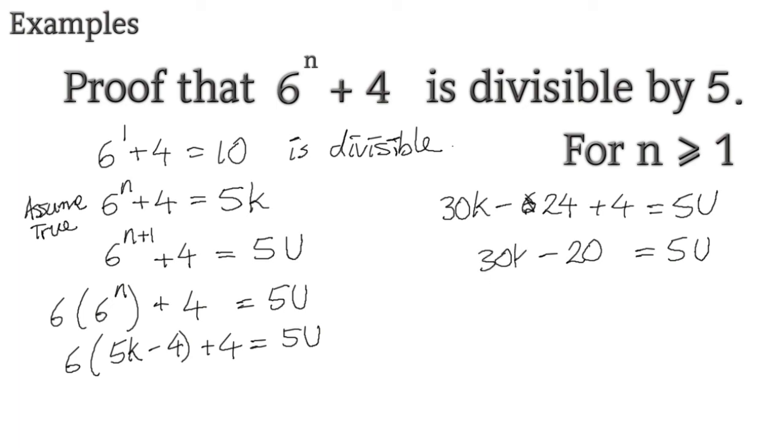And from that, we can definitely factorize out a 5 to get 6k take 4 equals 5u. And thus, we have shown that it works for n plus 1 if n is true.